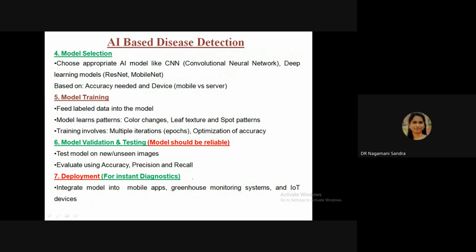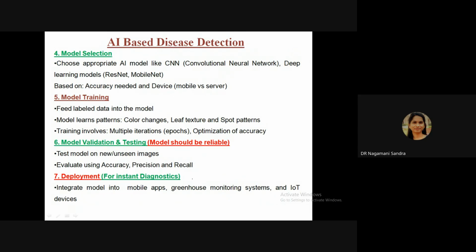We need to consider how much accuracy we need, and which device we are using for taking the photographs, like mobile, or server based images. Then we have to give them to these models, either CNN or deep learning models. Then we have to train that model, telling it that these are disease images and these are healthy images, feeding labeled data into the model.